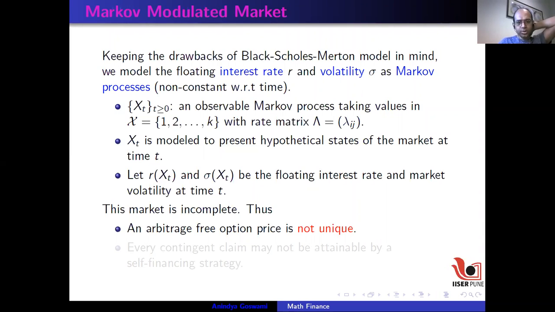Now, as a consequence of this model, the market is incomplete. I'm not giving the proof of why this market is incomplete, but intuitively you can understand. What is completeness? That every contingent claim here can be reproduced or replicated using a self-financing hedging strategy.